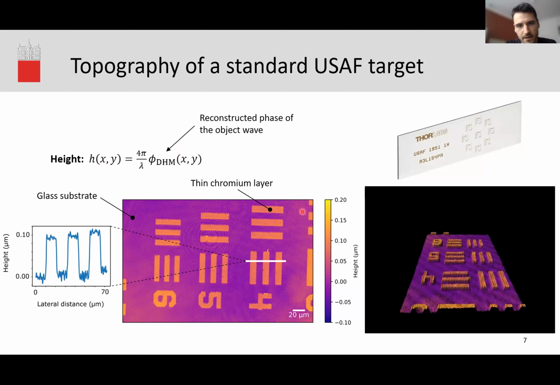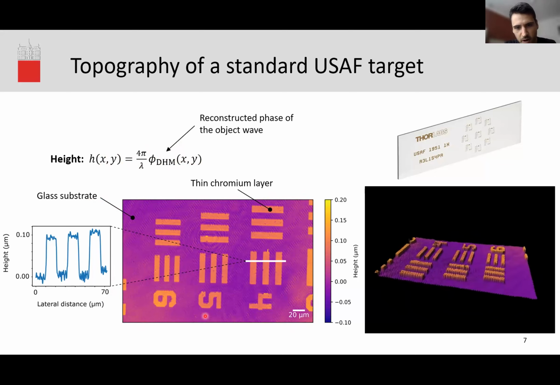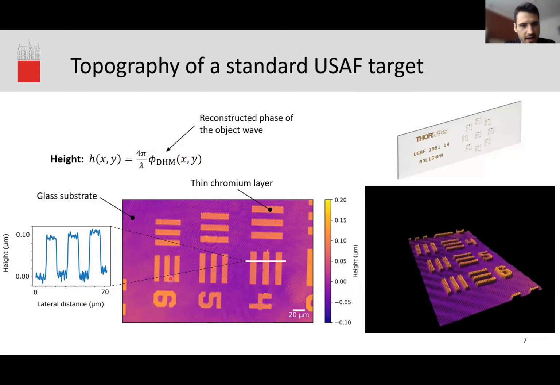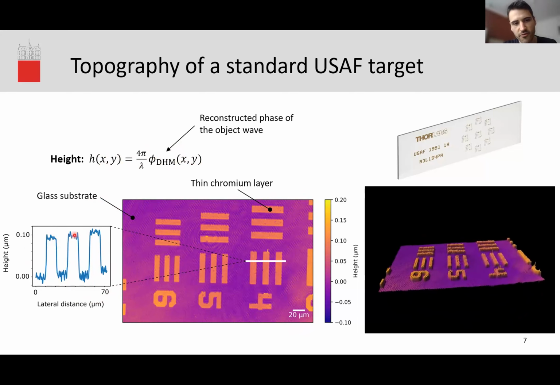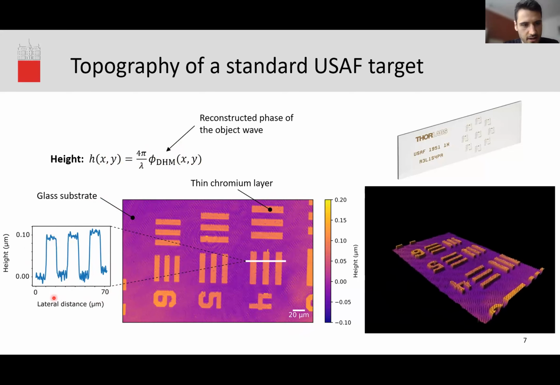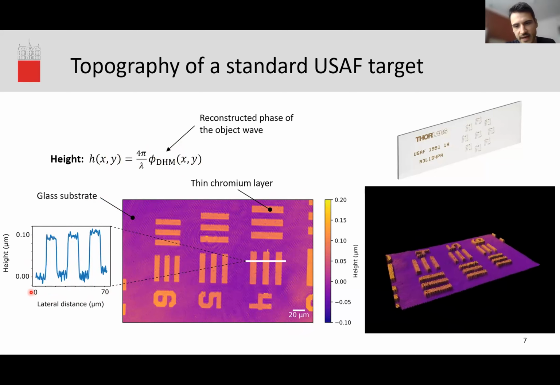If we do the reconstruction, we can get this type of topography profile. And if we do a cross section, we can see that this profile is exactly what we would expect, so around 100 nanometers.